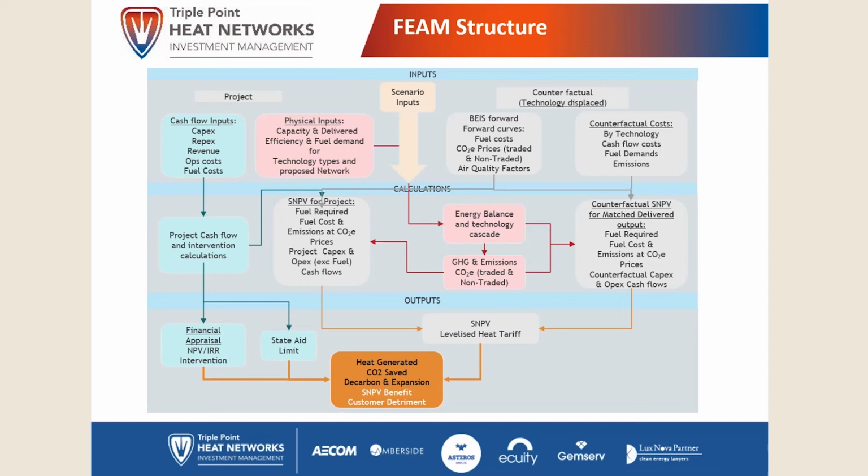It does an energy calculation and a carbon calculation, and compares it with the project to calculate carbon saved, etc. And it feeds into the SMPV calculation. And right at the bottom are the key outputs: the heat generated, the carbon dioxide saved, decarbonisation and future decarbonisation expansion, and the SMPV benefit, customer detriment. So that's kind of how the model works.